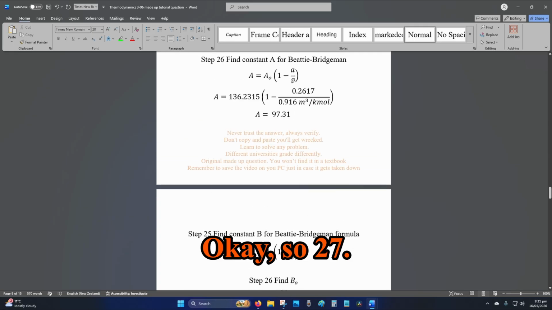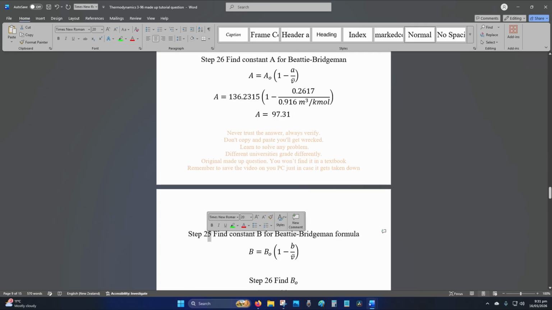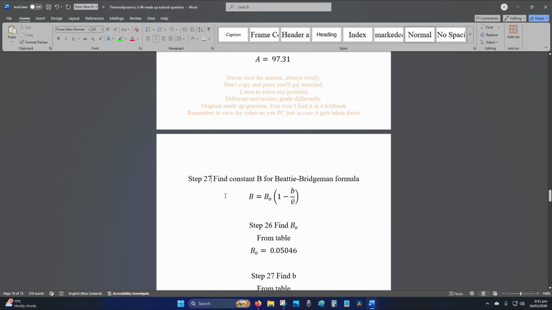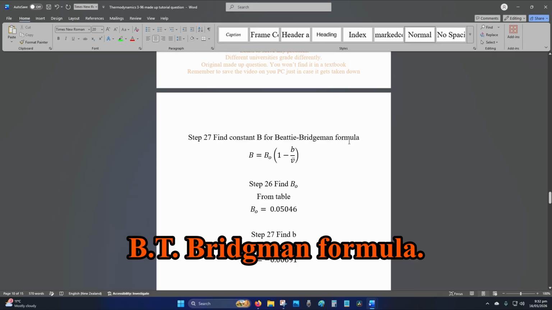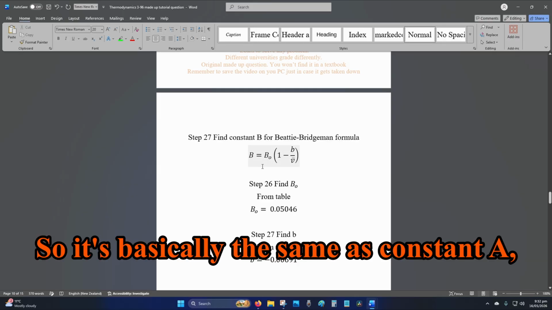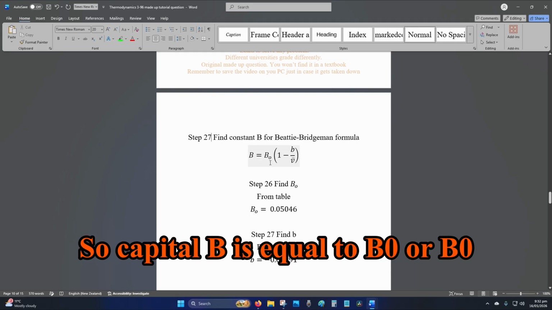So step 27, find the constant for Beattie-Bridgeman formula. So it's basically the same as constant A, but we're using B variables.